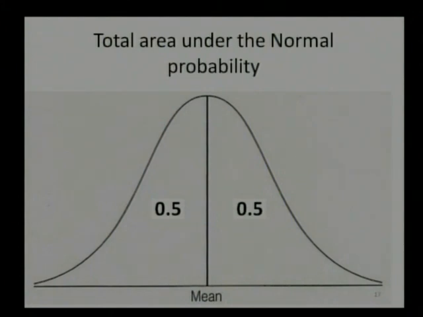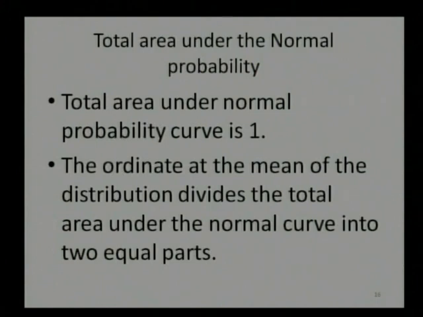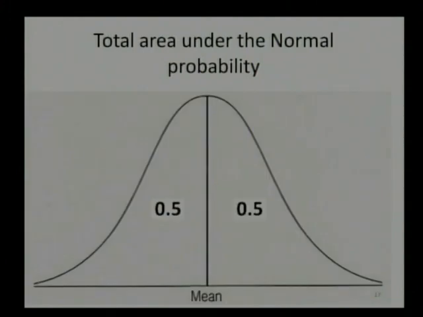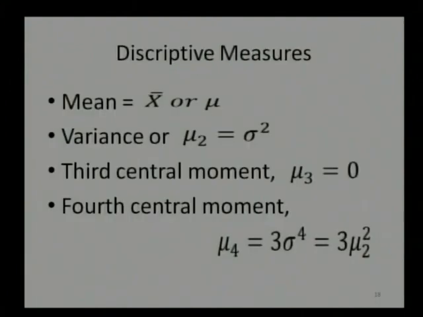So if the total area under the normal probability curve is 1, each separated area from the mean will have probability 0.5. Now next, let us see some descriptive measures for the normal distribution. Here the mean is equal to x bar or mu, and the variance is denoted by mu2 or sigma square.